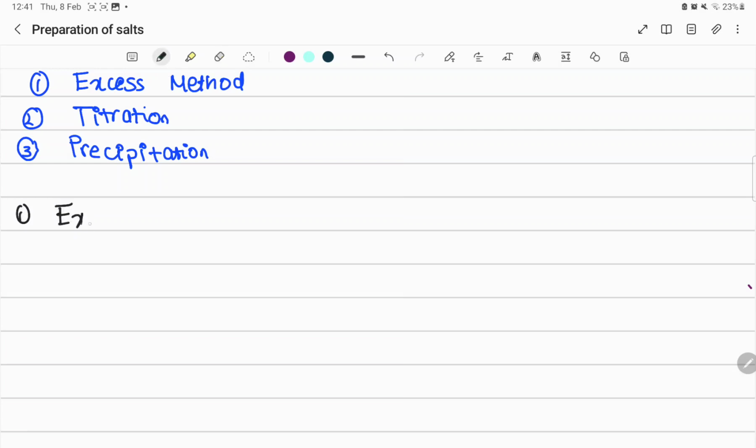So, number 1, the excess method is basically between an insoluble base and an acid. Insoluble in water, of course. Not in the acid itself, because obviously then the reaction won't work out.